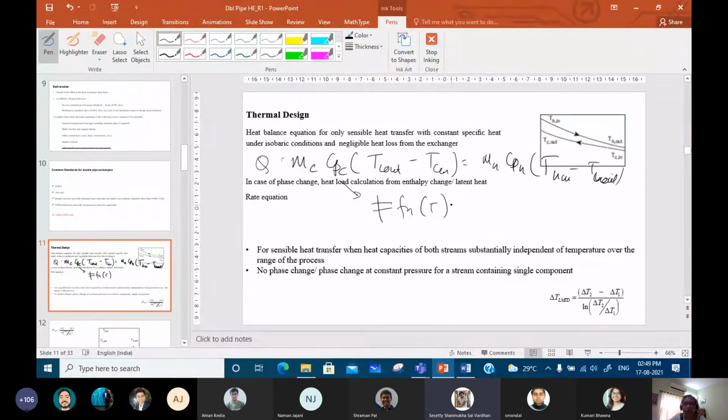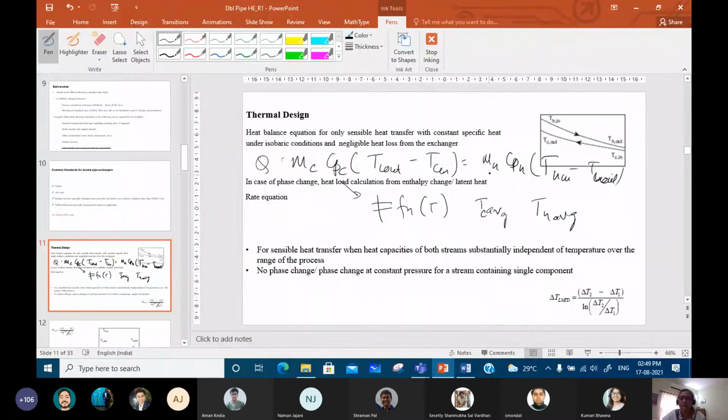But such changes may be quite drastic and the 6% will not serve your purpose. So what I would suggest is you first find out the cold fluid average temperature and the hot fluid average temperature, and at least try to estimate these values at the average temperature.